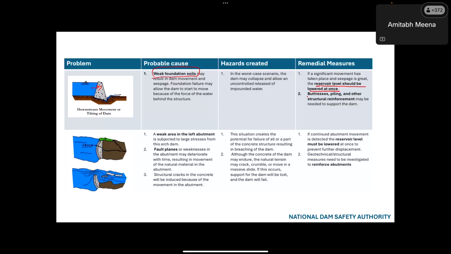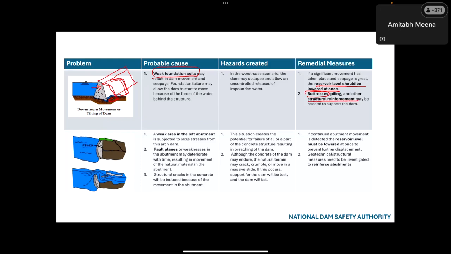So we make additional pillar-like structures to support the dam. These are called buttresses. So this is one of the measures, and we can also give additional structural reinforcement. These buttresses also are a kind of reinforcement only.